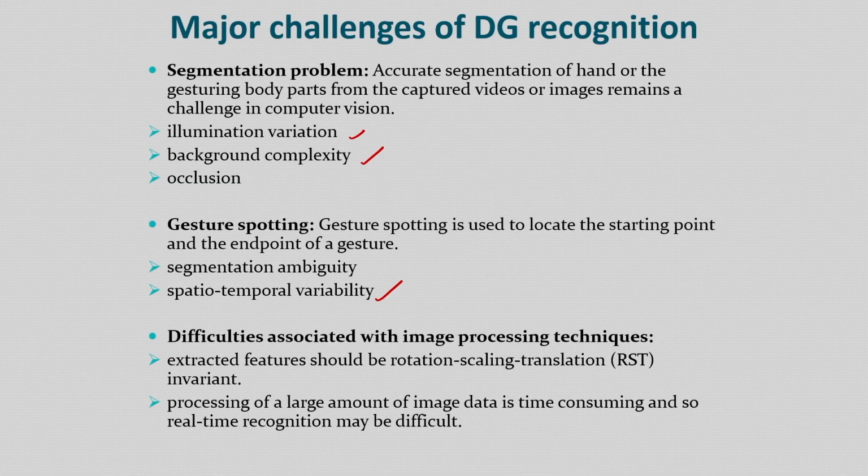The extracted feature should be rotation, scaling and translation invariant. That means the hand feature should be invariant to rotation, translation and scaling. And the processing of a large amount of image data is time consuming, so real time recognition is very difficult. So these are the difficulties associated with image processing techniques.